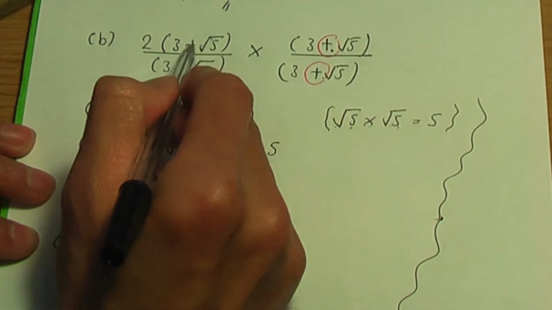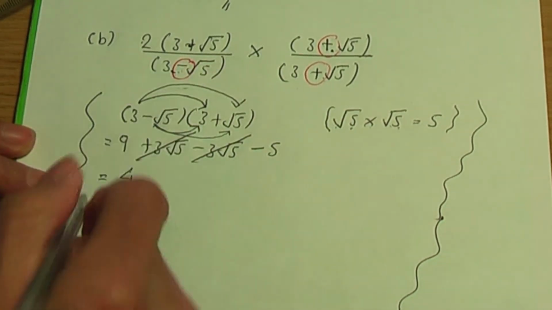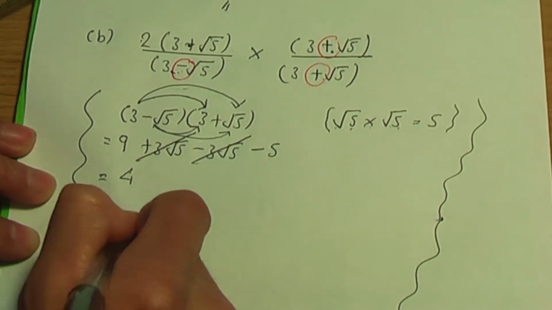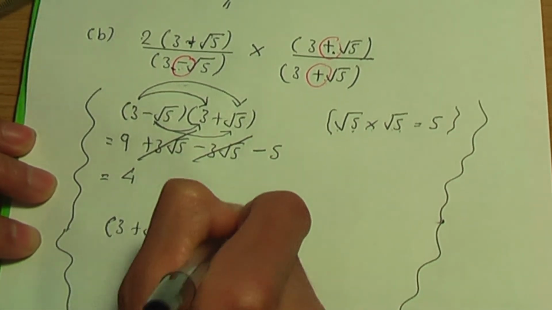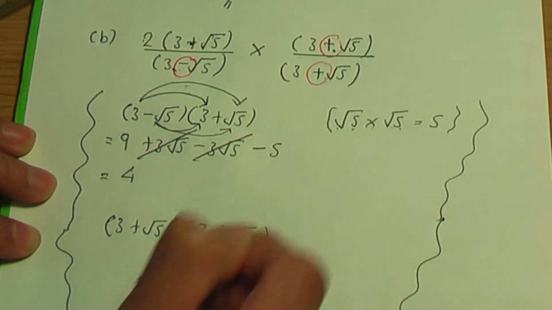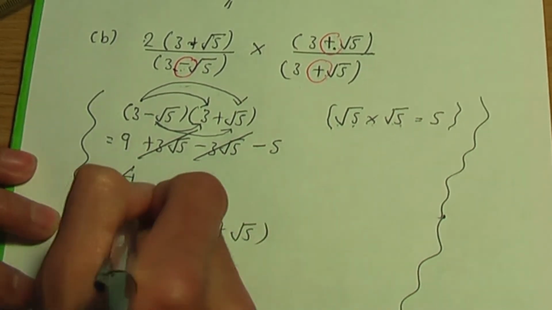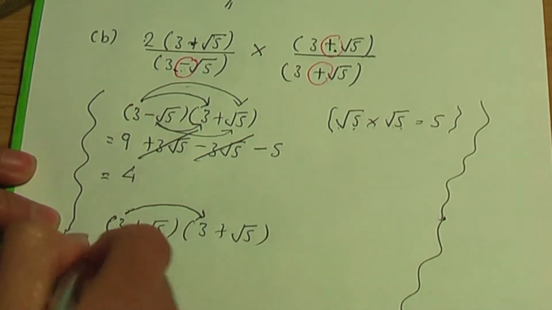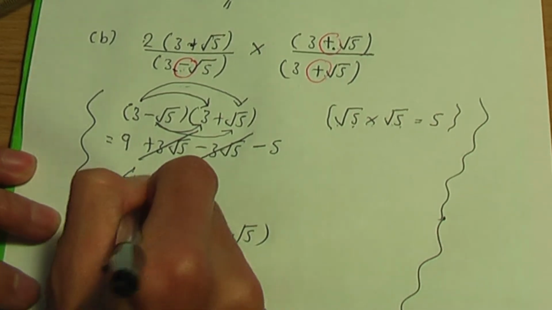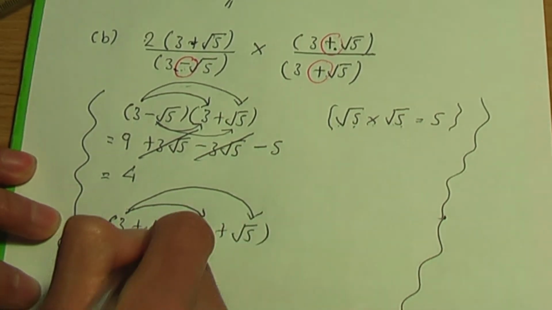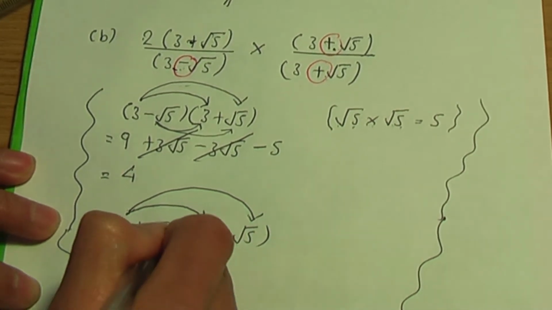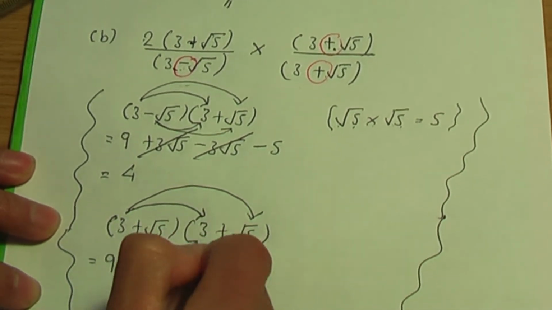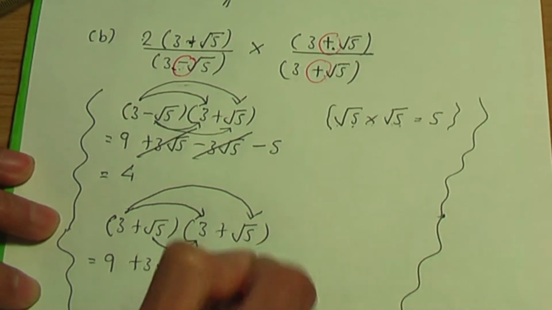Let's multiply these two brackets. So let's not worry about the 2 for now. Let's multiply 3 plus root 5 by another 3 plus root 5. So 3 times the 3 is 9. 3 times the plus root 5 is plus 3 root 5. Root 5 times 3 is 3 root 5.